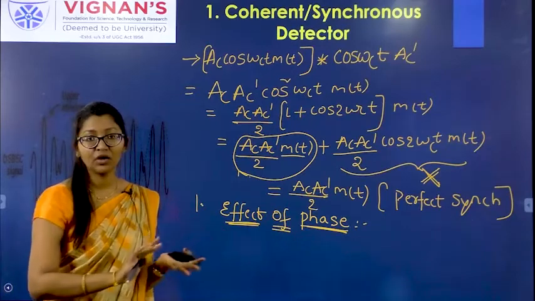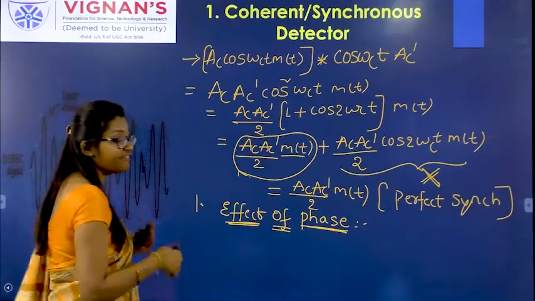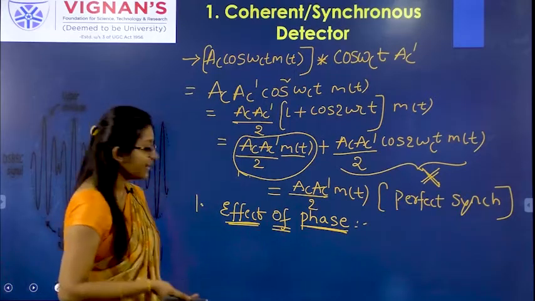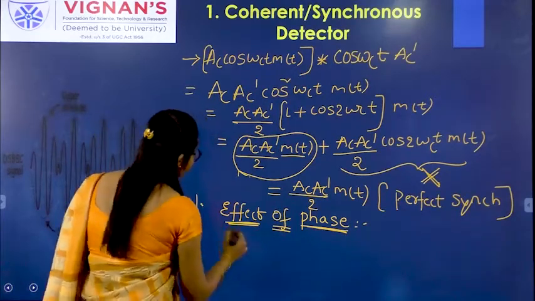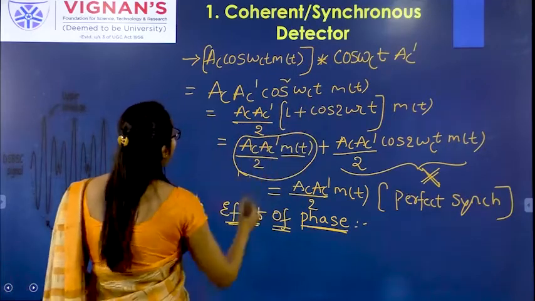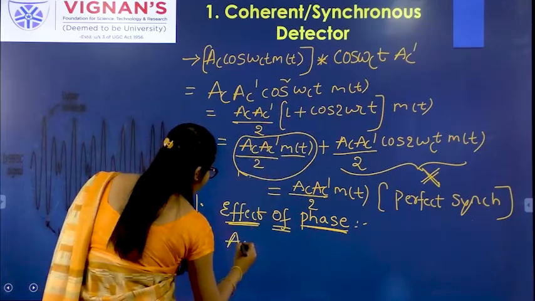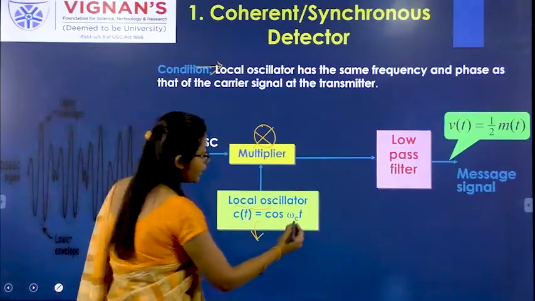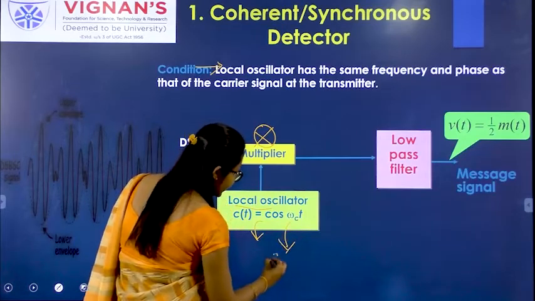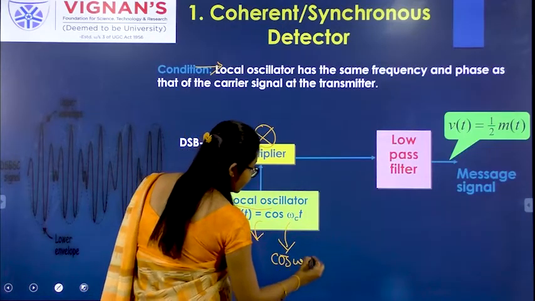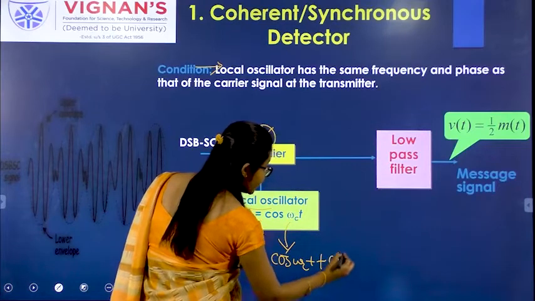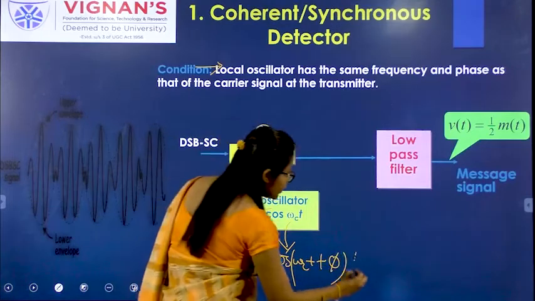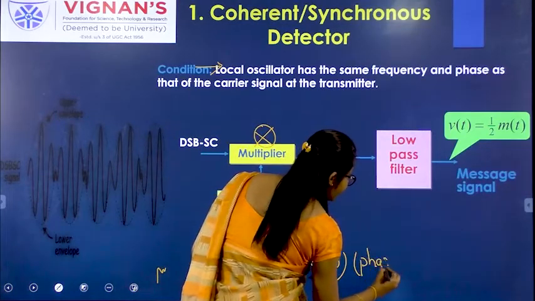So frequency is synchronized, phase is not synchronized. What is the effect you will get here? So now I am writing here, there is a little bit of phase change. That phase change appears at the local oscillator, which generates your carrier signal. So I am applying a little bit of phase here, some phase error, and I represent that phase error in terms of pi.